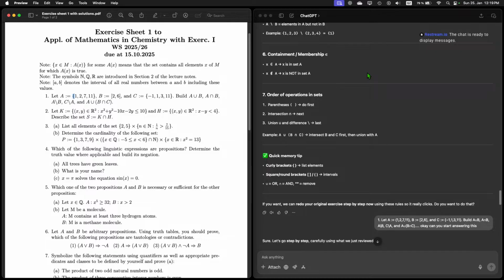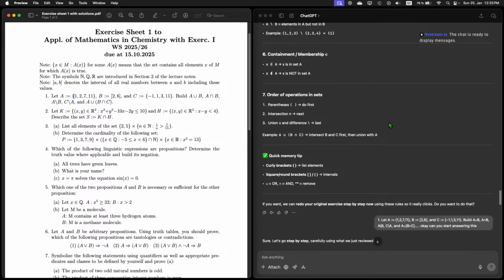X belongs to A. X is in set A. X is not in set A.